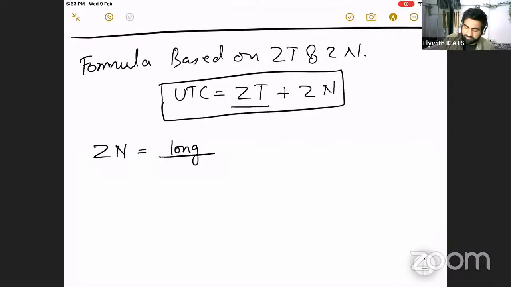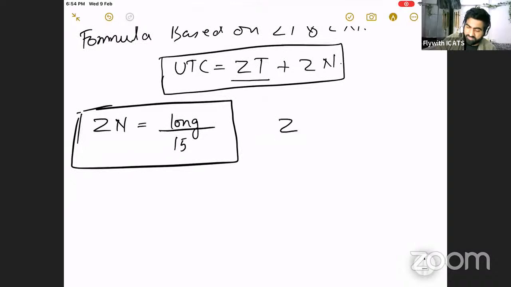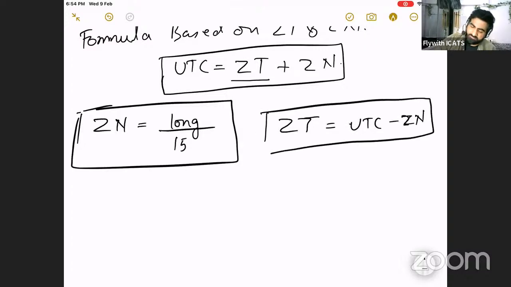So all you have to do is do this to get your zone number. Once you get your zone number, if UTC is given to you, you can find your zone time. If zone time is given to you, once you find your zone number, you can get your UTC also. Another derivation of this formula is zone time is equal to UTC minus zone number. It is the same, just shifted here and there, plus and minus signs have changed.